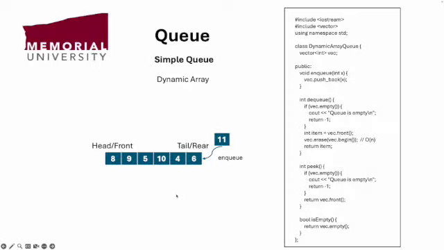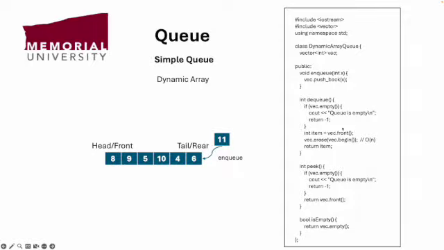Dequeue always removes the front element. When we call the dequeue, we don't need to pass anything. It automatically returns the first value of this array. So if we do a dequeue here, we check whether it's empty. If it's empty, we do nothing, right? If it's not, we use dot front.